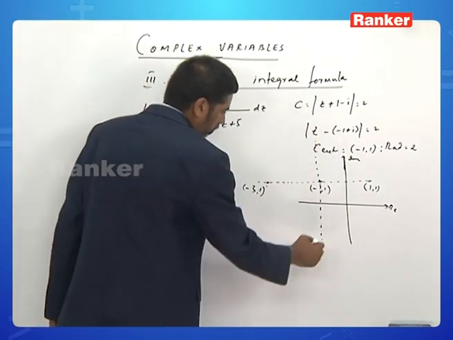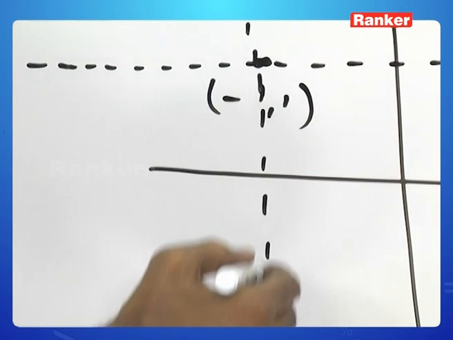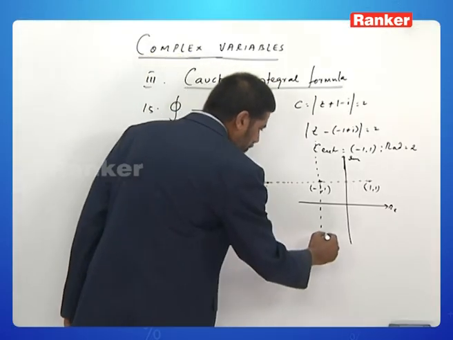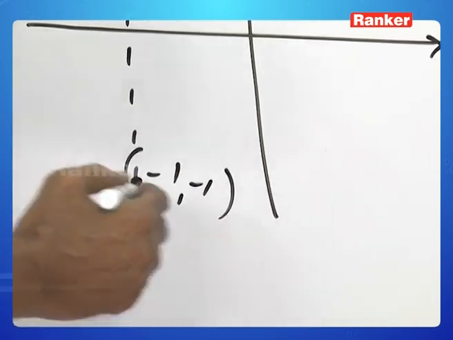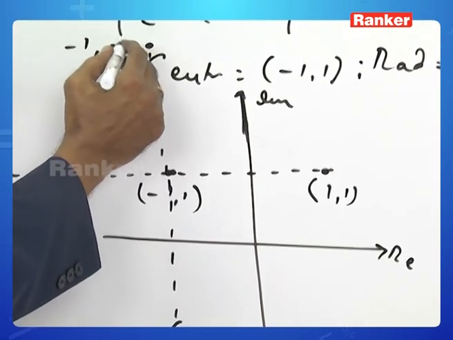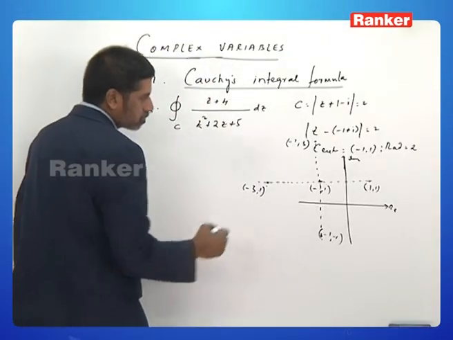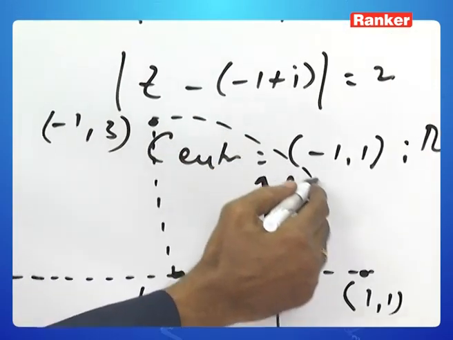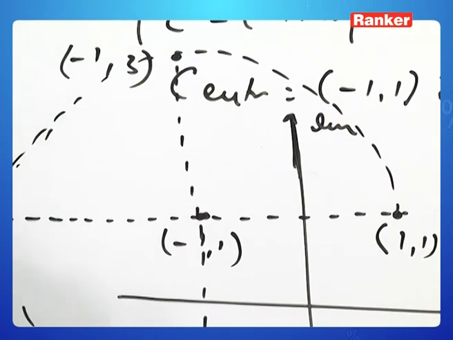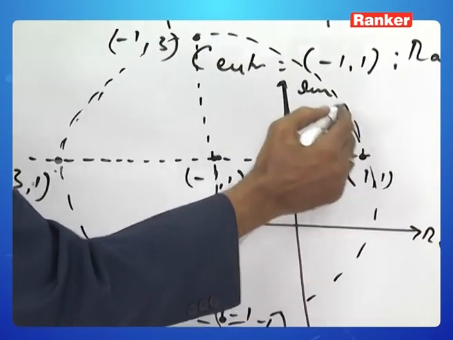And in the vertical direction, you come down here. You are at -1, -1, and you are at -1, 3. So you now draw a circle like that.